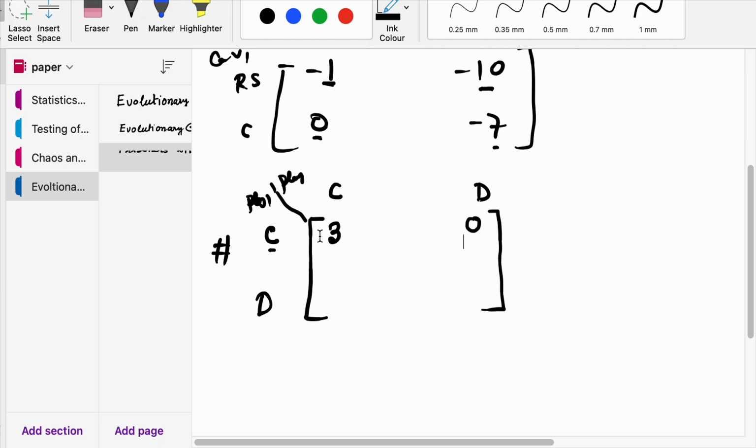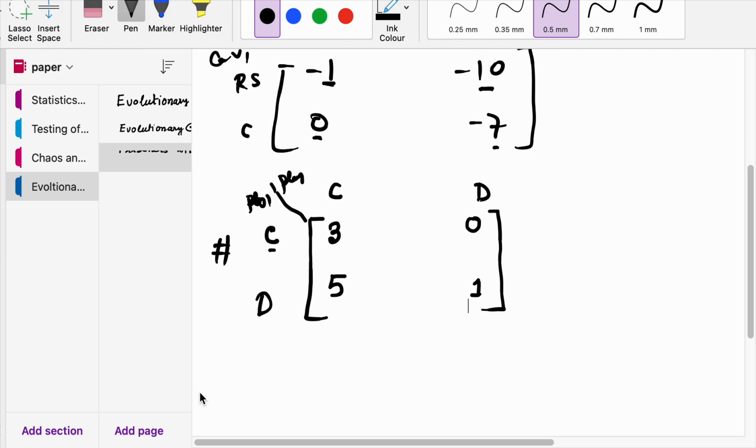Since he cooperates but the other player defected, he will get 0. But the player who defected will get more payoff than the one who is cooperating, suppose 5. And if both of them defect, because the society cannot work well, they will get a payoff of 1.